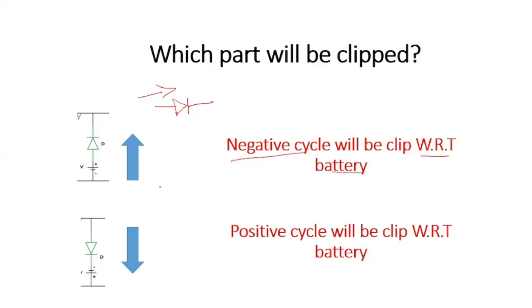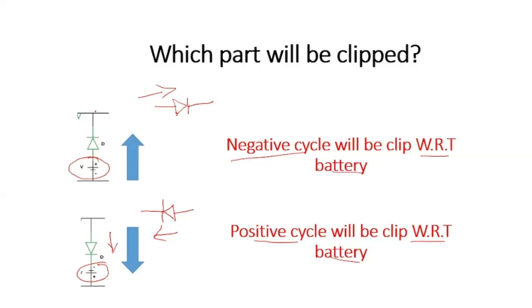This is the reference voltage. And if the arrow of the diode is going to the downward side, or to the left hand side, we can say that the positive part will be clipped, but it is with respect to the battery, this reference voltage.